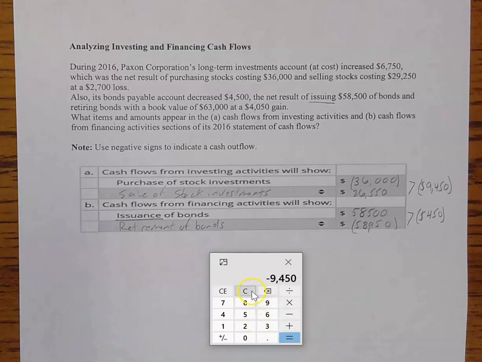What I did there was take the $58,500 that we got from issuing the bonds, and then subtract the $58,950 that it took us to retire the bonds, and so we get a negative $450. Okay, so that's a look at some investing and financing cash flows.